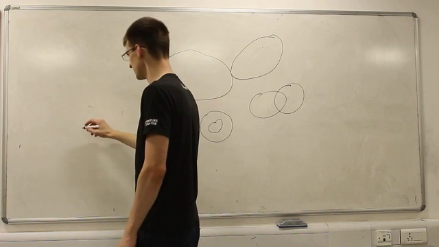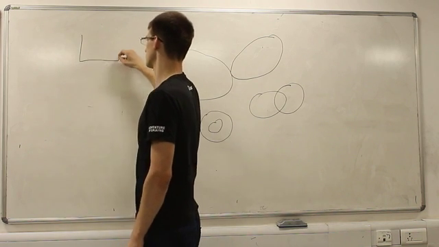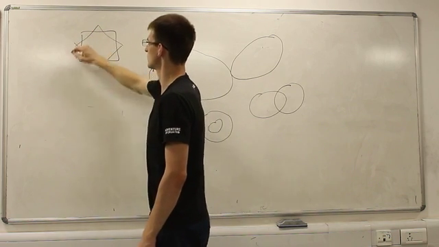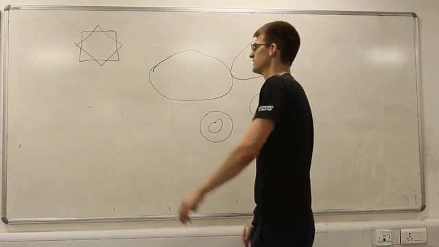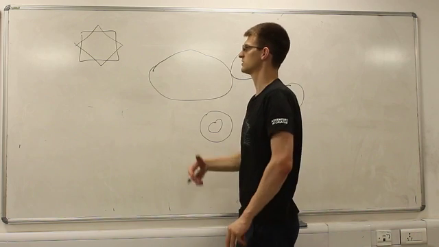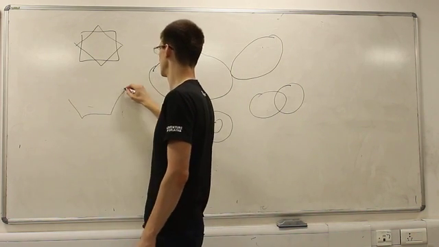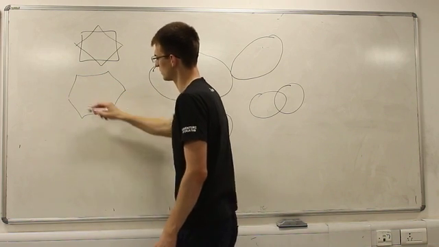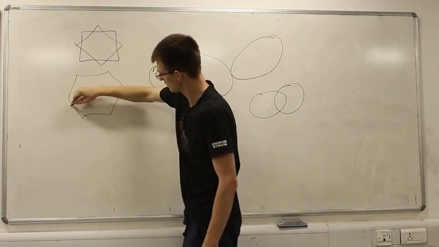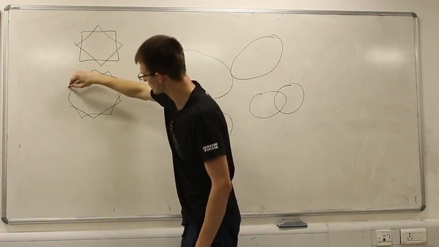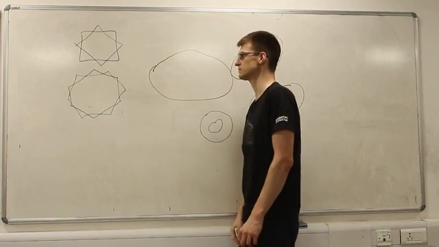An easy example is, for example, a square and a second square that is rotated by 45 degrees. And it shows that also for some bigger polygons, the same example shows that there can be many intersections.